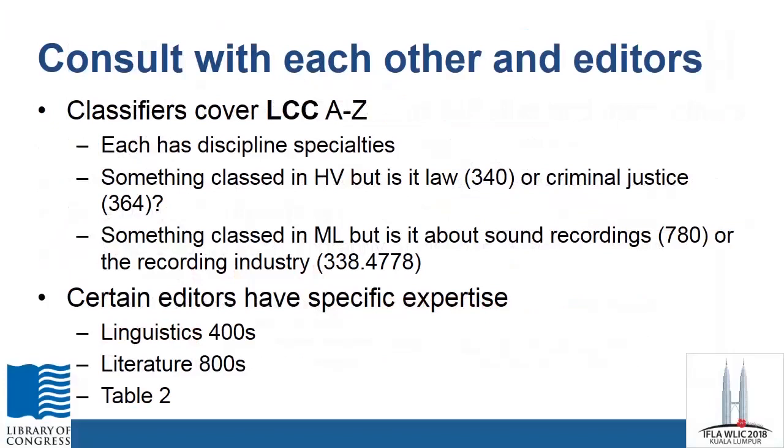And then we also have one who works with German material, and then all of the serials that are cataloged that need an ISSN assignment are also assigned Dewey numbers as well. So the Dewey program is a little bit larger than just the LC classification team, but at any rate, they all consult with each other and with the editors.